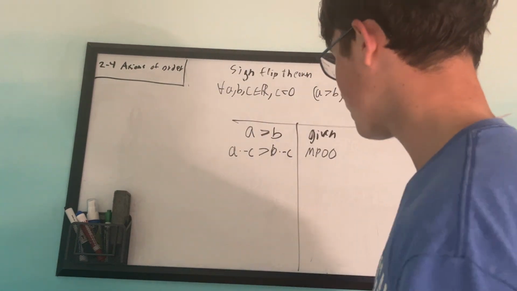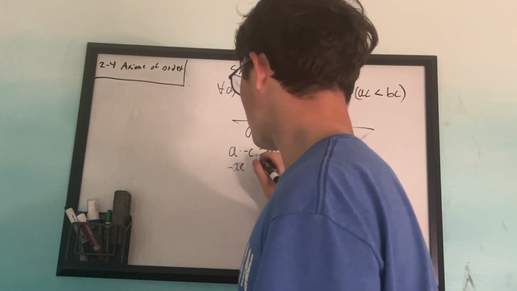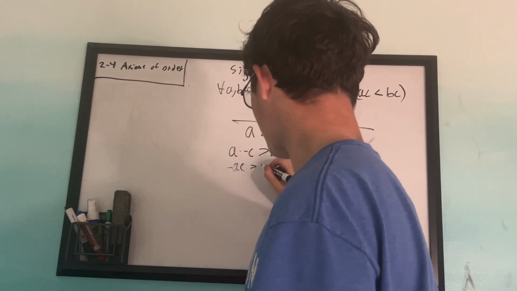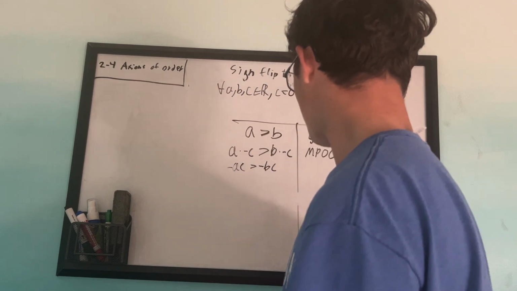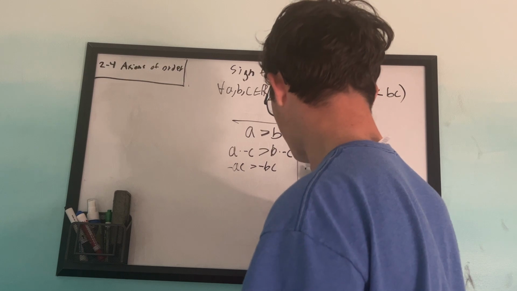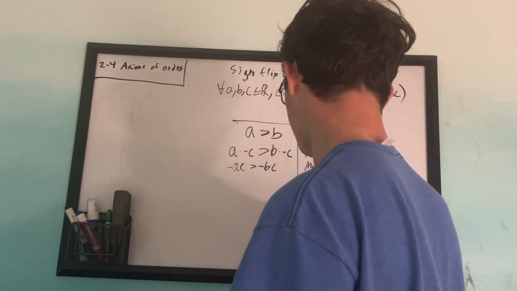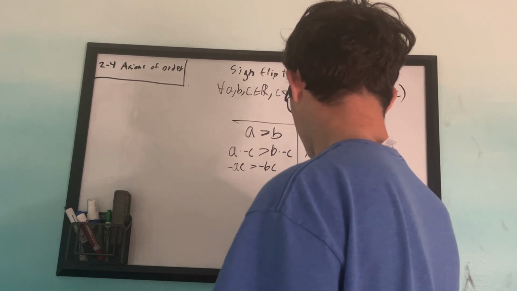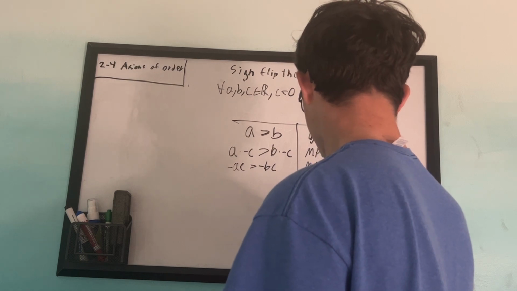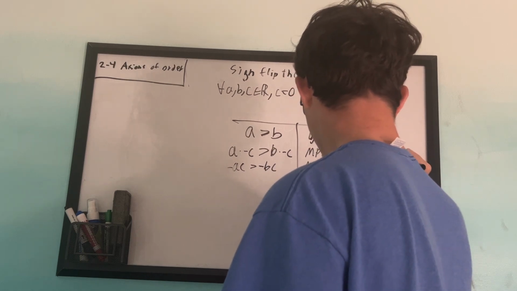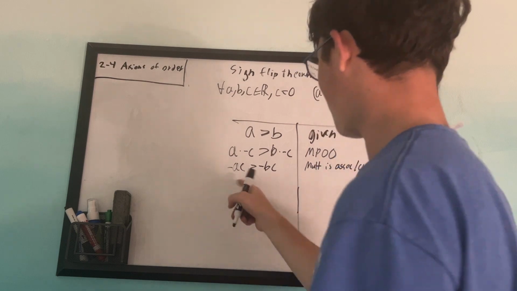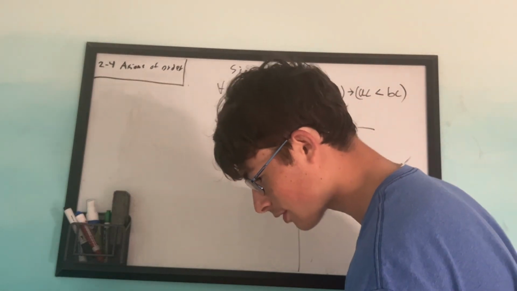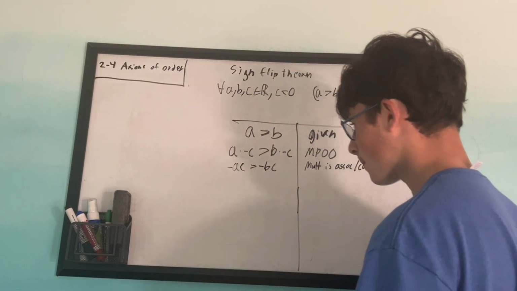Then we can reorder this into negative ac is greater than negative bc, and that's multiplication is associative and commutative. I'm just too lazy to write out all the steps because it's like 4 or something to rearrange it that way.